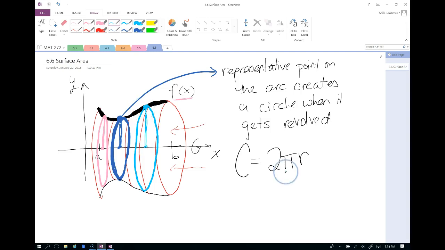So for one individual circle, all the way around would be 2 pi r. But then we want to do this for every single possible circle we could get out of that function from a to b.